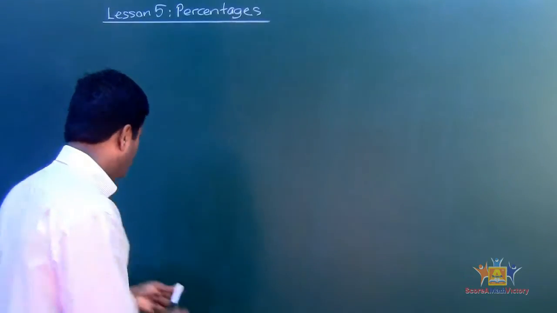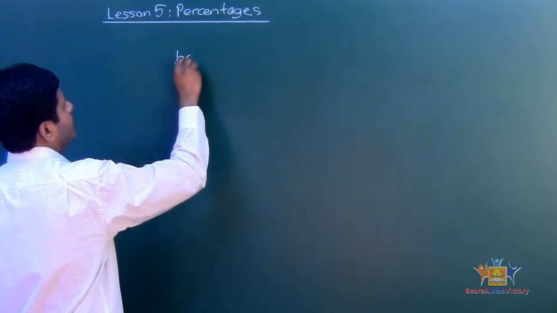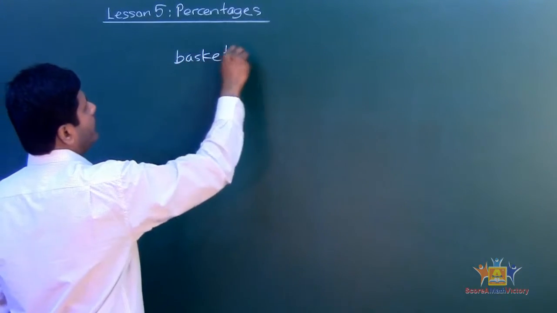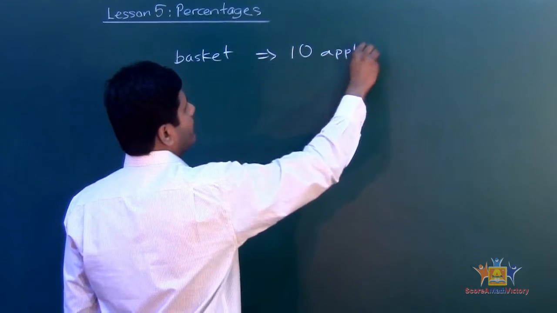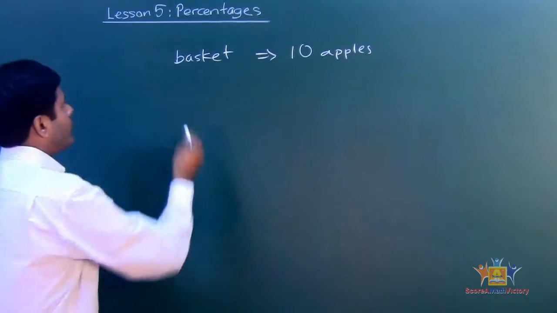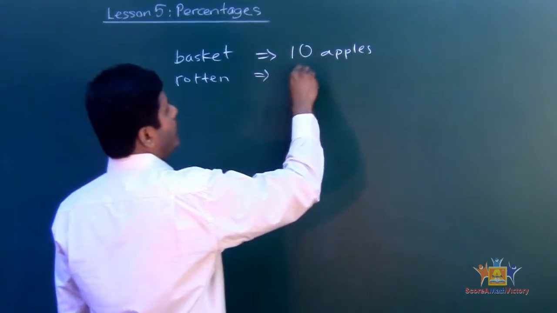Okay, so let's write that down. How many apples in my basket? Let's say it was in the basket. So basket, there were 10 apples. All right? And how many are rotten? 4 apples.